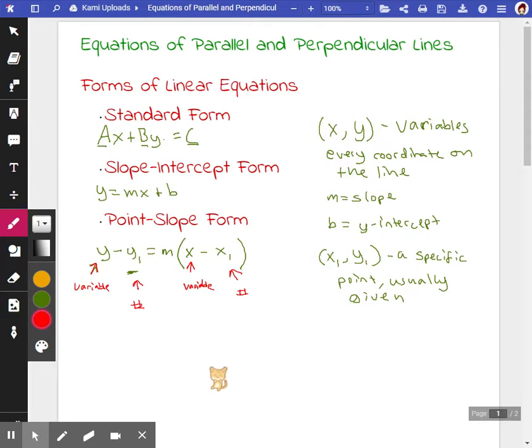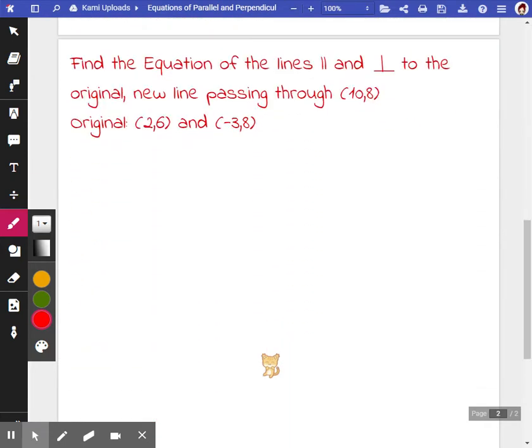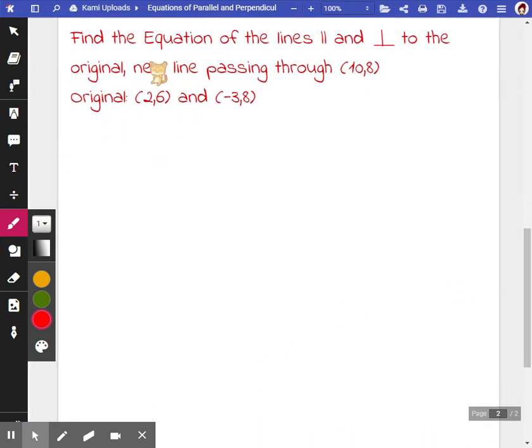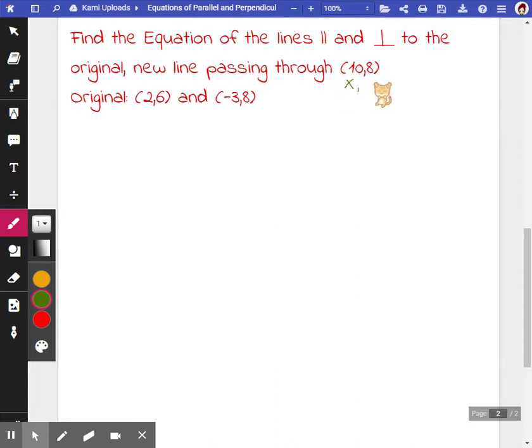So now let's put that to use. To find the equation of the lines that are parallel and perpendicular to the original, where the new line passes through the point 10, 8, that means 10, 8 is going to be that x1, y1. So these are the numbers that we're going to plug into point slope form.